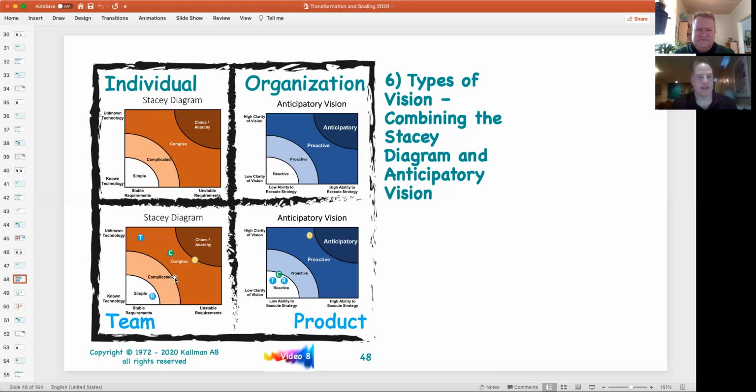Now, the first one at the top left is a T. That's for technology and understanding of the technology. And then the R down below, that's requirements and our understanding of the requirements, to what degree. The C is about communications. This is a third dimension in this: how difficult is it to communicate, how complex, or to what degree is the ability to communicate what it is we're doing, and to move the project forward.